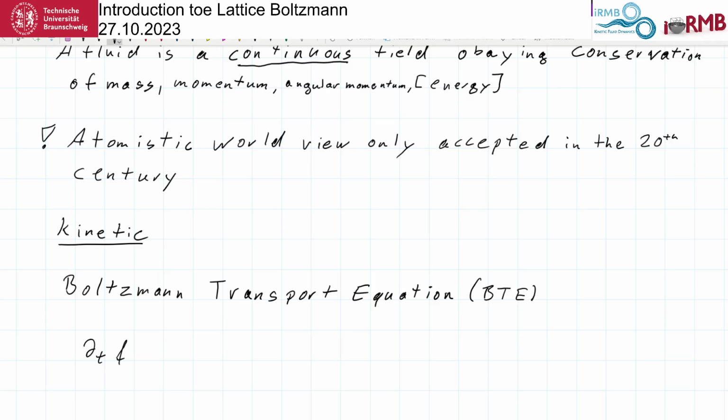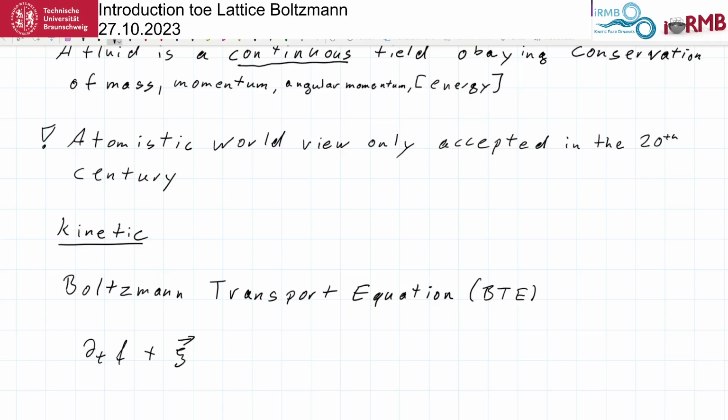Instead of the velocity and the pressure, we have this function f, which is the probability density function to find a particle in a certain position and at a certain velocity. So this also has an advection operator.